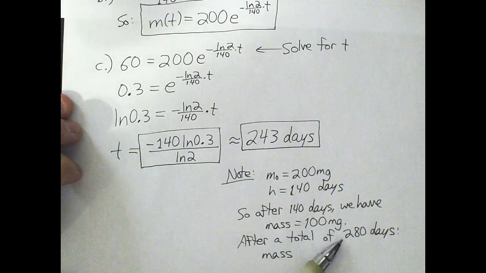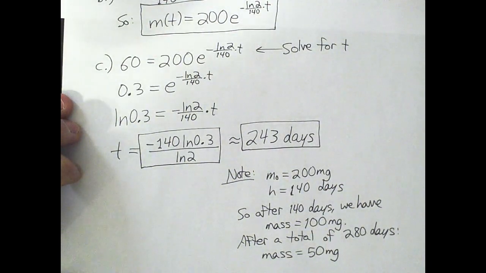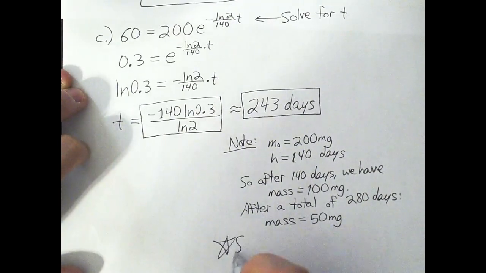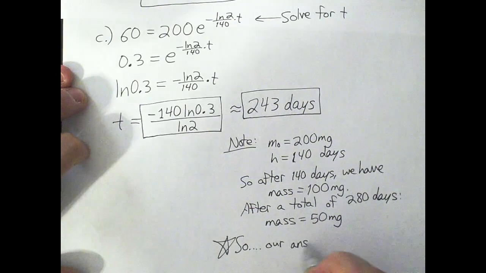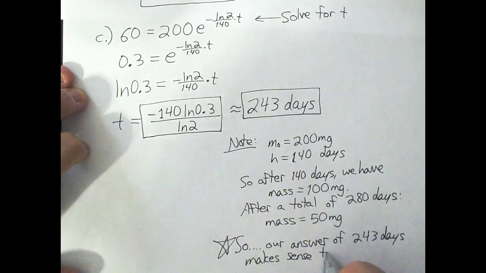In the next 140 days, it drops from 100 to 50. So our answer of 243 days makes sense to get 60 milligrams.